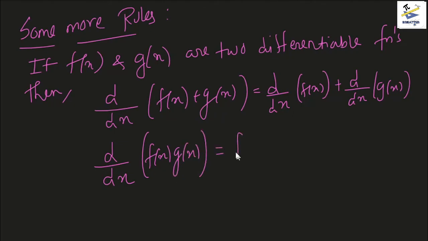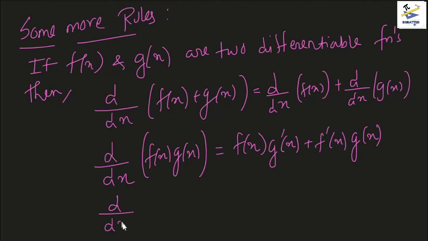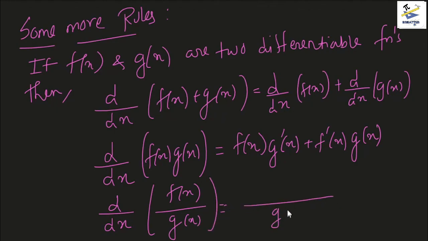Similarly, if you are given something like this, where you have given the multiplication of two functions, then what you can do is try this. And finally, if we are given two functions in the form of division like this, then the answer is simply g(x) into f dashed x minus f(x) into g dashed x, all over g(x) whole squared.